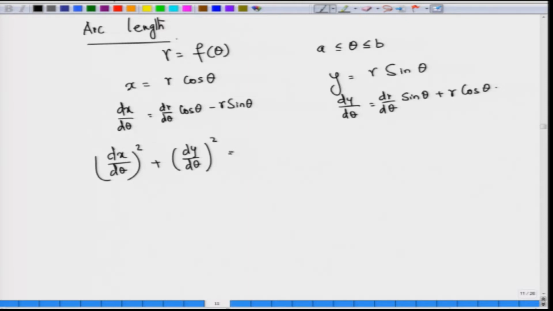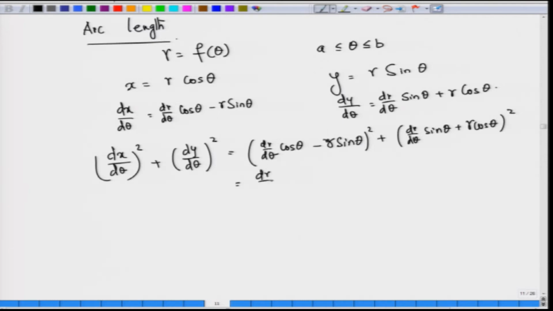This is equal to dr by d theta cos theta minus r sin theta, whole square, plus dr by d theta sin theta plus r cos theta, whole square. This gives dr by d theta square times cos square theta plus sin square theta, which adds up to 1.